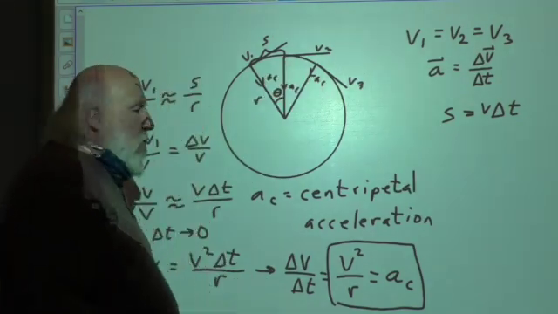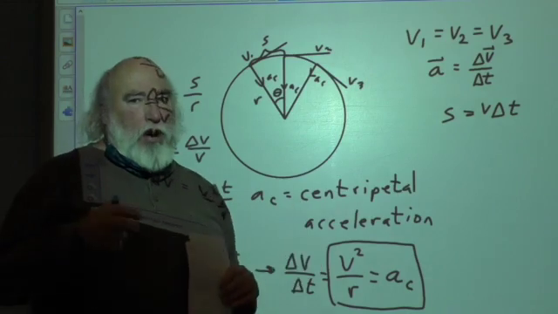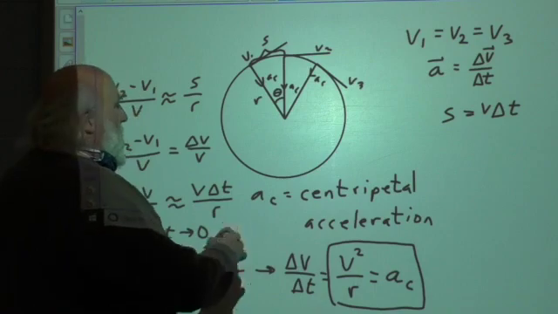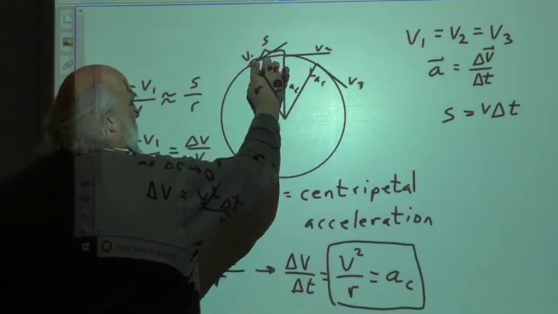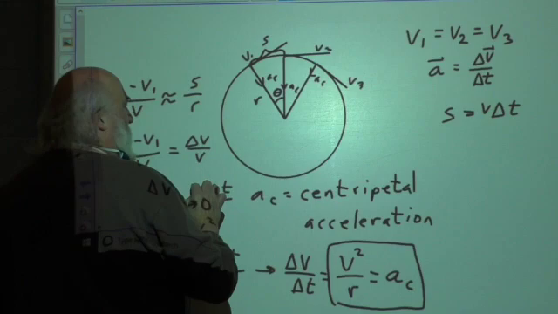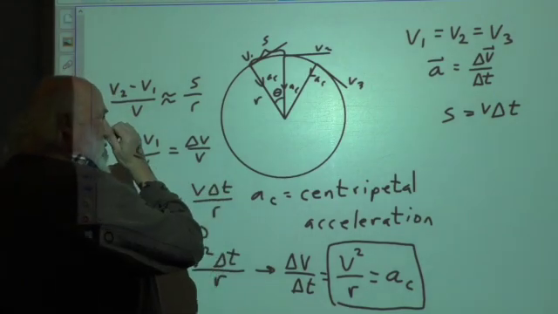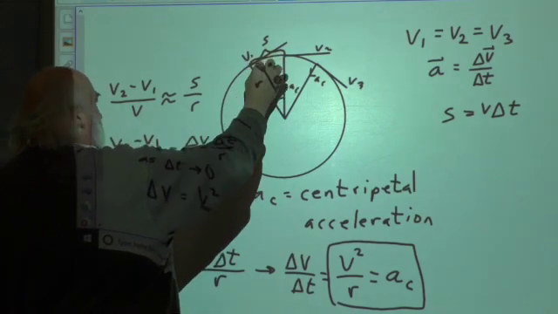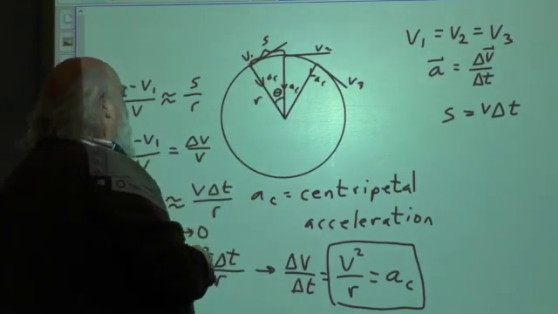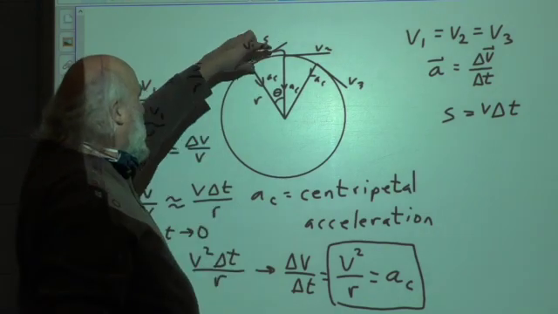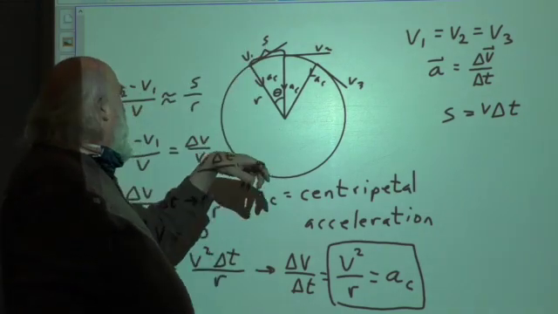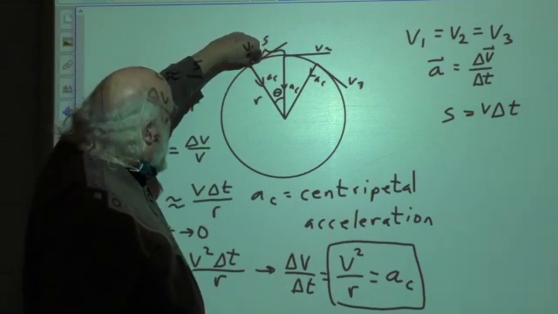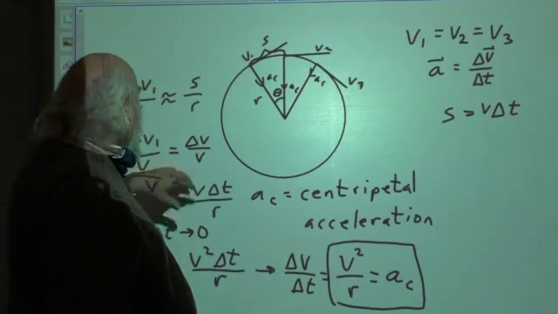Okay? Now, here's where calculus people will have a little bit of experience in what happens next. If we were to say that this curved distance right here is S, and we also know that as these get closer and closer together, that ratio of delta V and the velocity approaches zero, as does S, the distance here, in relation to the radius.